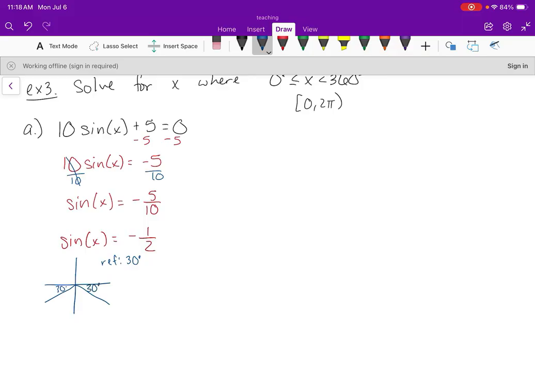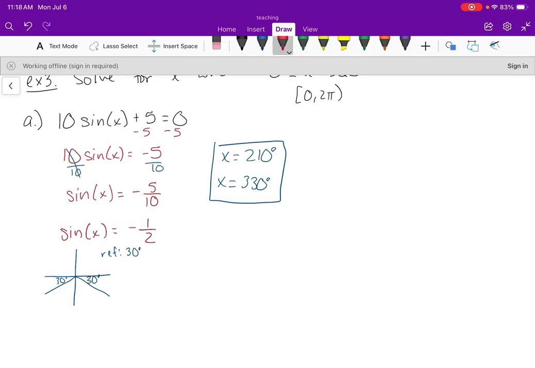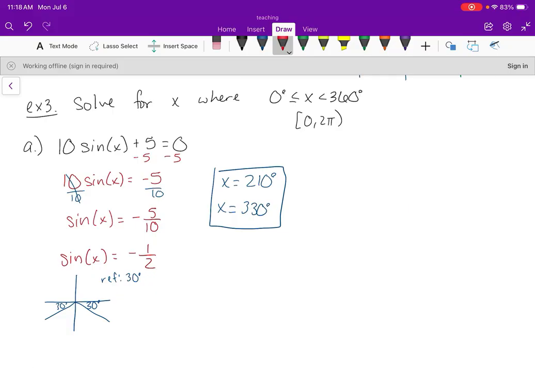So I get x equals, this would be 210 in quadrant 3, and it would be 330 in quadrant 4. And I don't have to write anything else because it only wants answers between 0 and 360. So I don't need to think about anything coterminal, because if I think about anything coterminal, I'm not going to be within that range anymore.